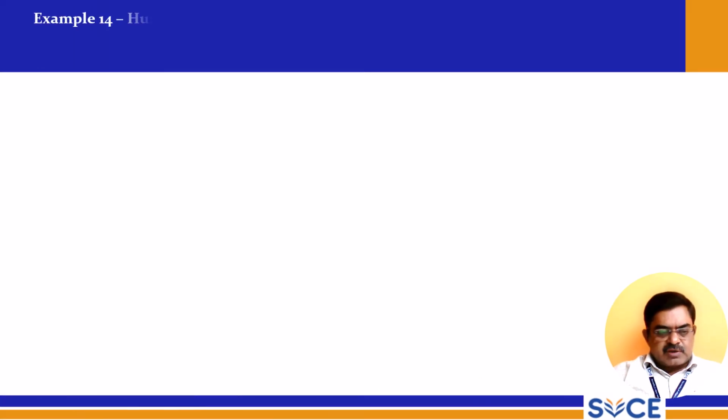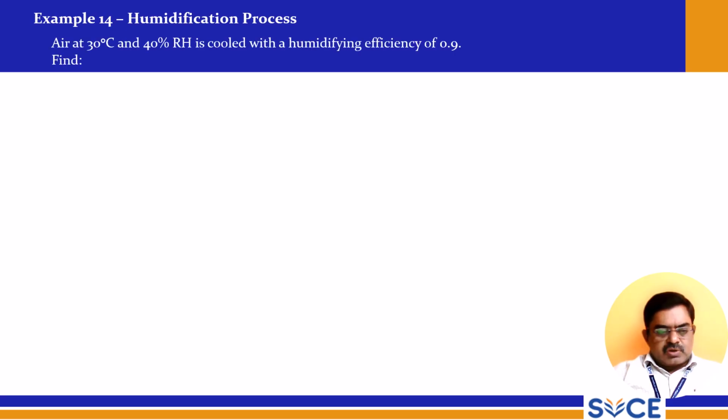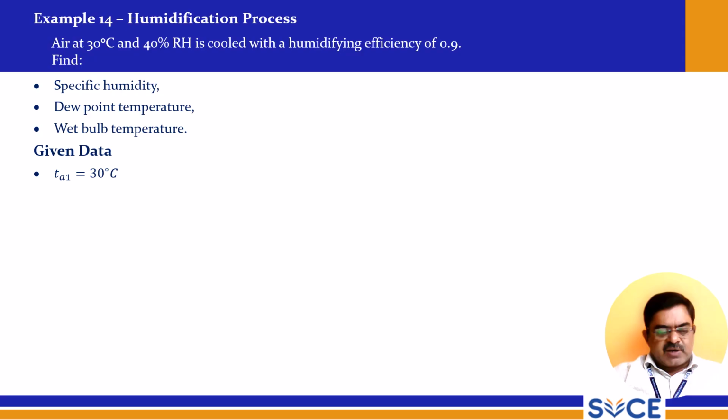Next example. Air at 30 degrees Celsius and 40% RH, that is the relative humidity, is cooled with a humidifying efficiency of 0.9. Find the specific humidity, dew point temperature, and wet bulb temperature. The given data is TA1 equal to 30 degrees Celsius, phi1 equal to 40%, and efficiency equal to 0.9.